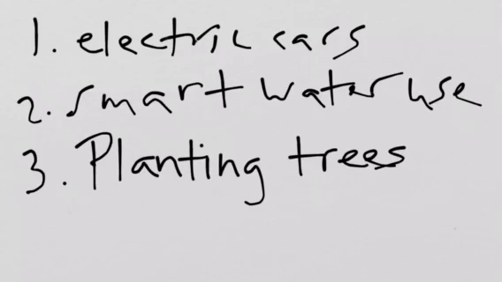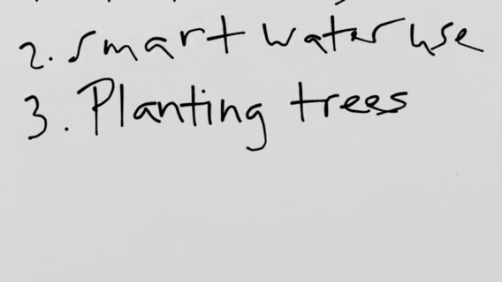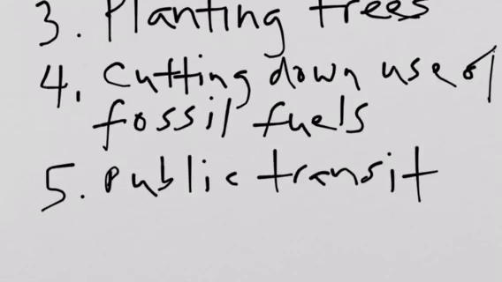Cutting down our use of fossil fuels that are non-renewable. Absolutely. So for sure, eliminating our use of fossil fuels, gas, oil, coal, all kinds of things that you have to burn to get the energy. That's non-renewable and it produces carbon dioxide.